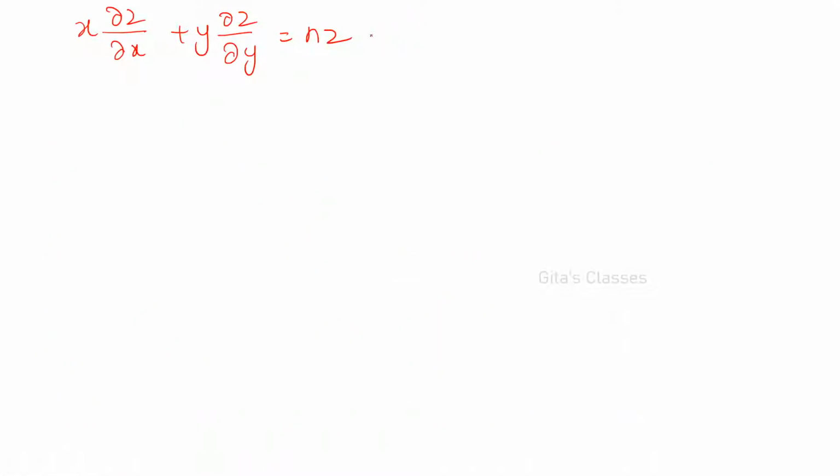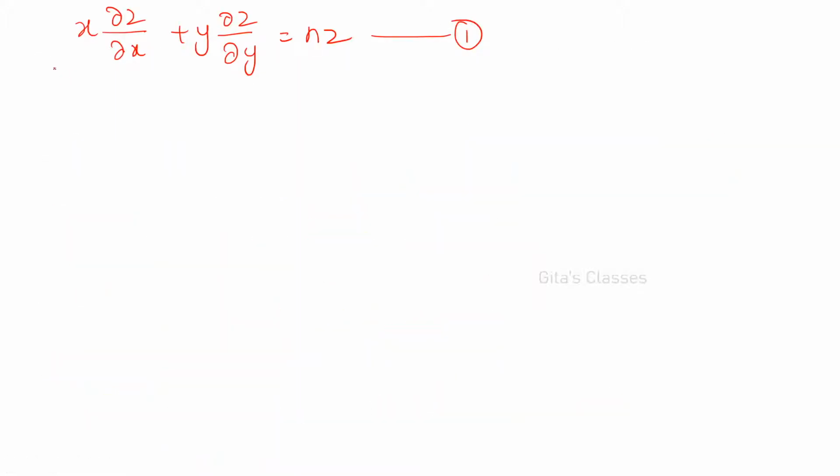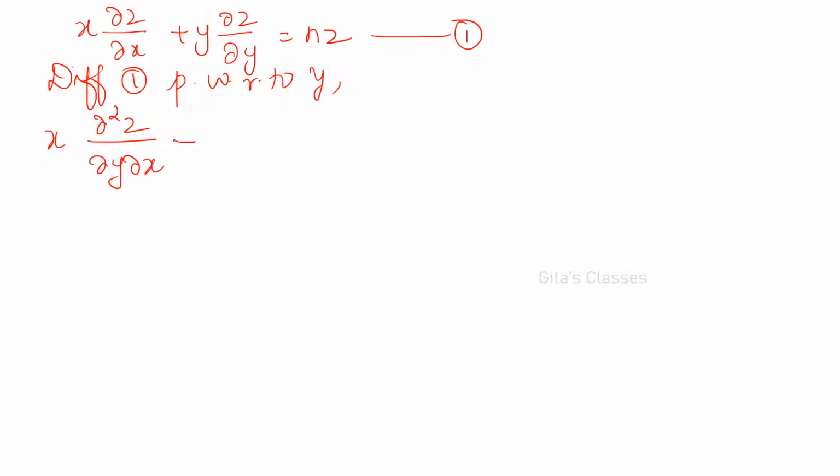I am differentiating this partially. First we have differentiated partially with respect to x. Now differentiate partially with respect to y. Differentiating 1 partially with respect to y, ∂z/∂x is a function of x and y, so x is to be treated as a constant, right? What is this? ∂/∂y of ∂z/∂x, so ∂²z/∂y∂x, right?